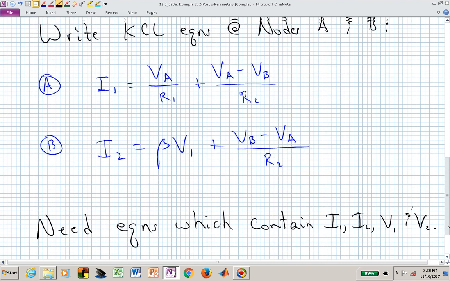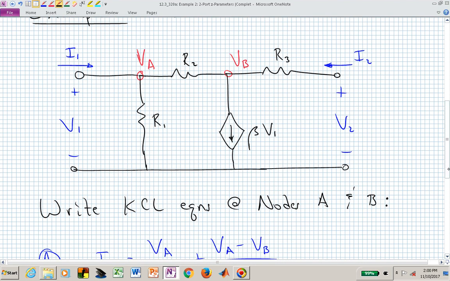One way we can do that is to express or replace V sub A and V sub B in terms of V1, V2, I1, and I2.